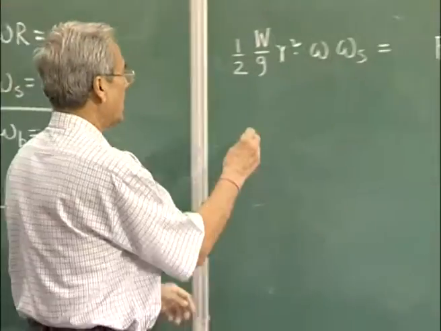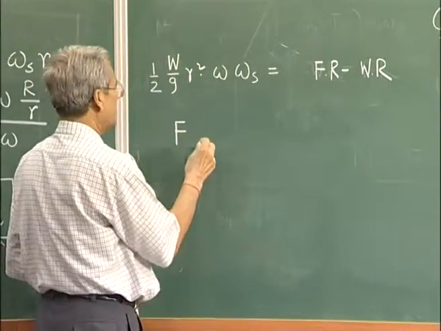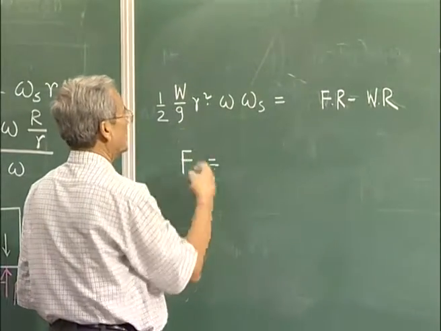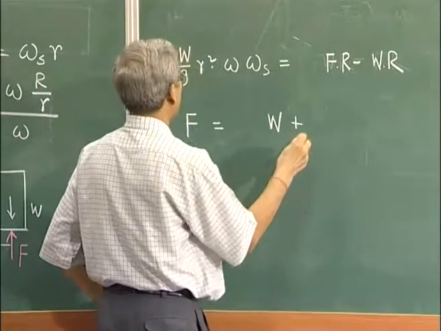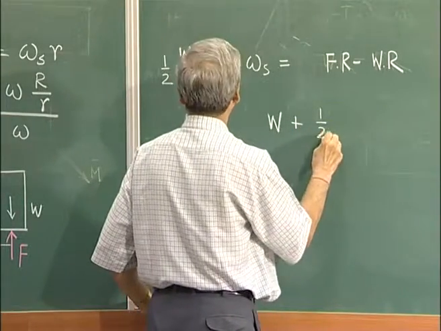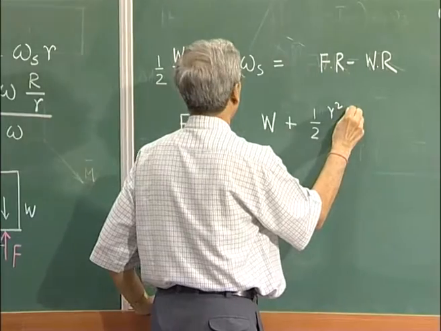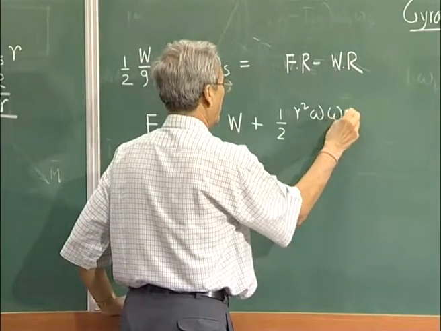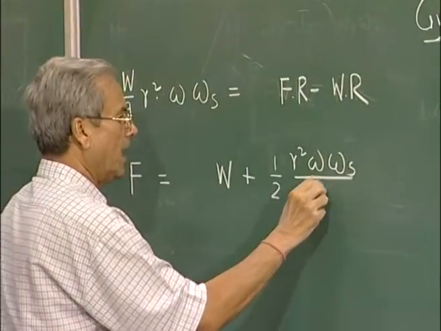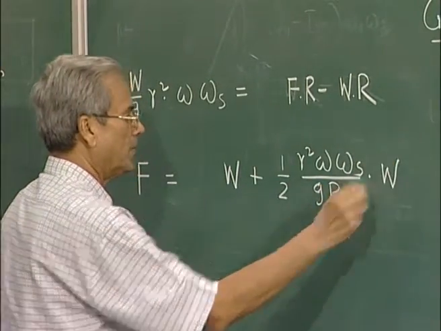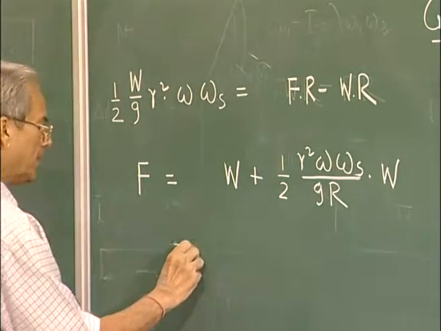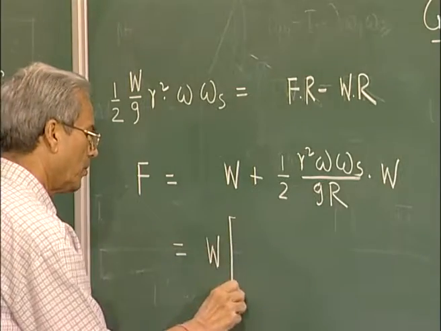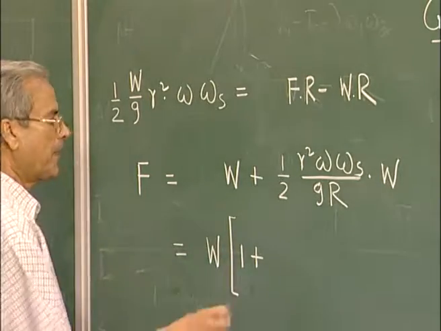or effectively this is the crushing force. So, the crushing force which you will get from this relation is W plus half r square omega s by g, into r, into W. I divide both sides by r and take W to this side, or this can be written as W into 1 plus.